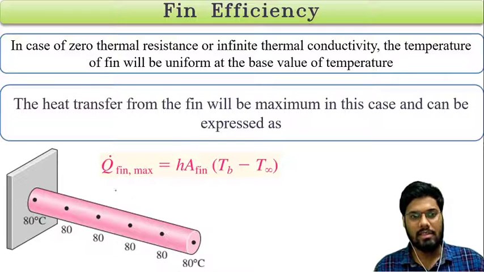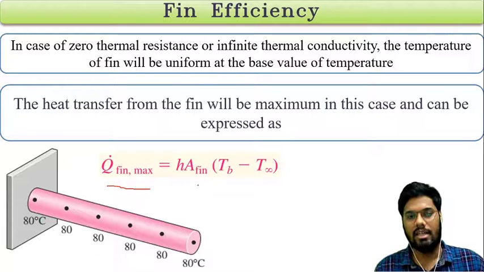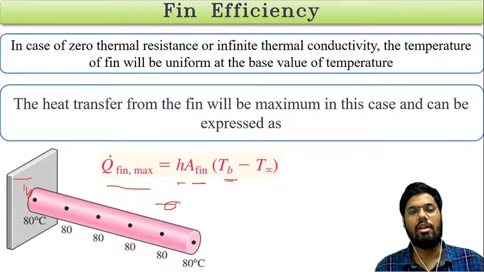So in this case the maximum heat transfer rate of the fin would be hA delta T. h is the convective heat transfer coefficient, A is the total surface area of the fin exposed to the surrounding, and the temperature difference is T_b, because all the temperature is the same as the base temperature of the wall, minus T infinity. T infinity is the surrounding temperature.